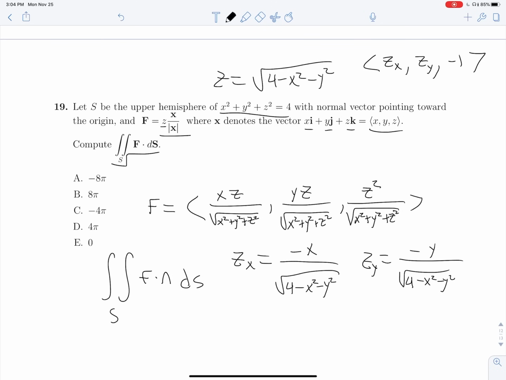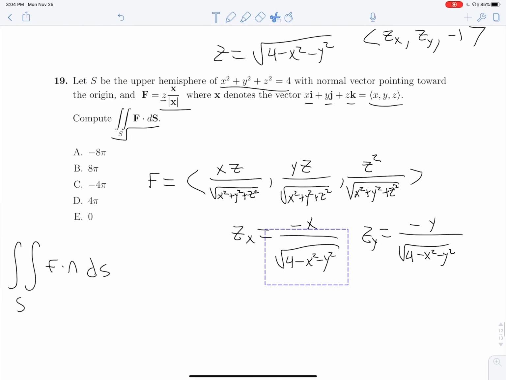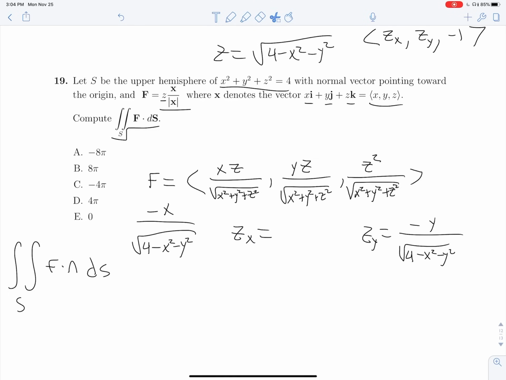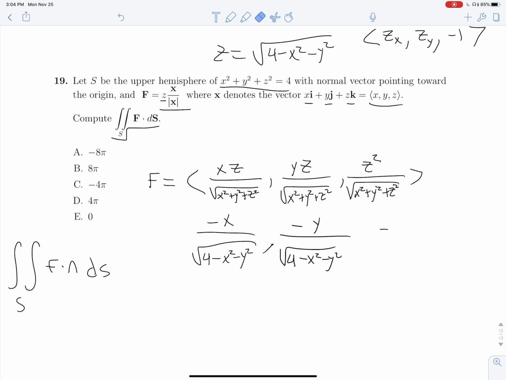So we are taking this F dotted with this guy, comma, this guy, comma, -1.